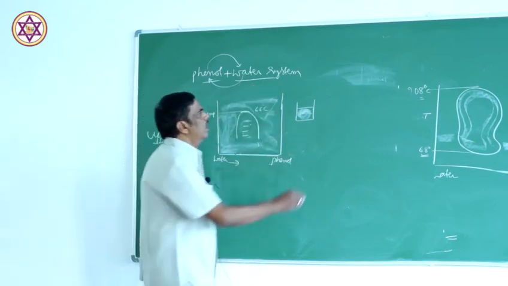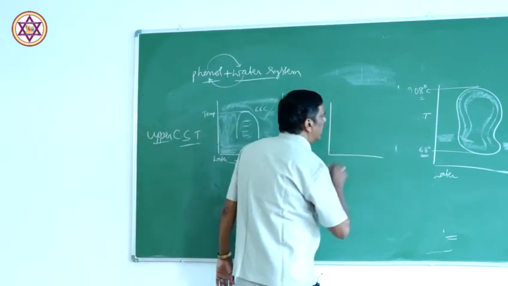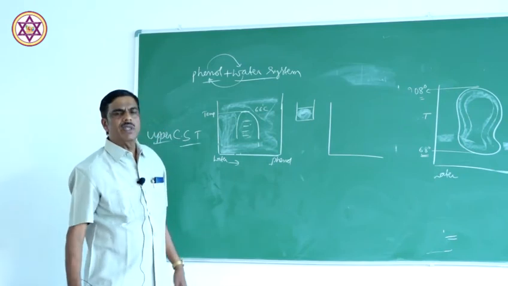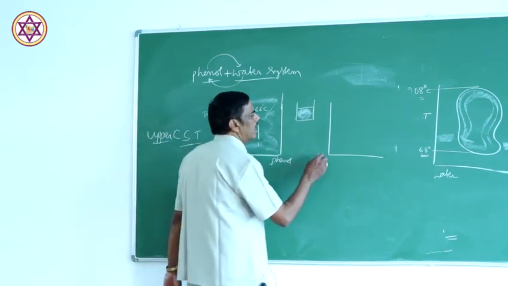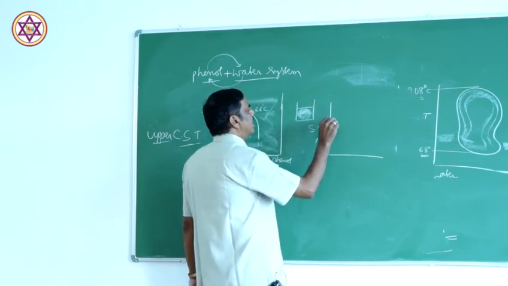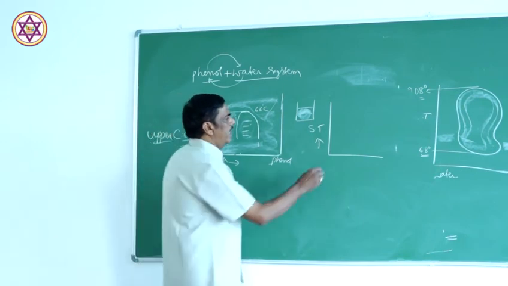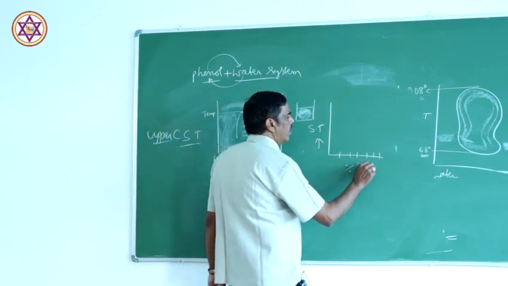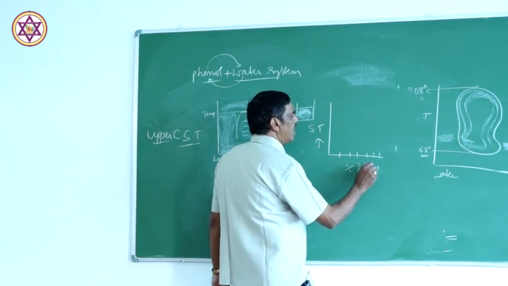For example, you can determine the critical solution temperature for various percentages of the impurity. You measure the solubility temperature, and you add different percentages of the impurity, or of the solute.